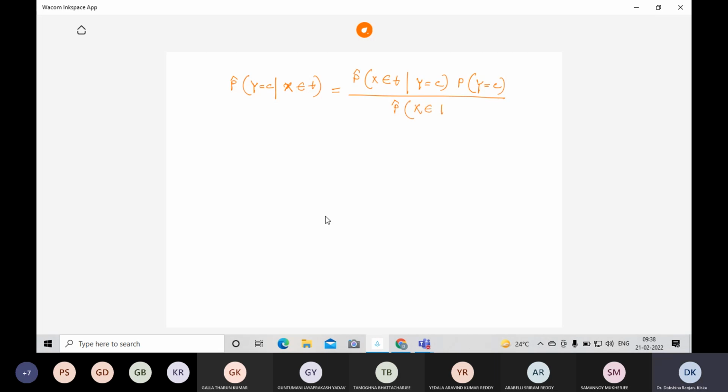Here the evidence is nothing but the probability of X belongs to T, which comes from the joint distribution of X belongs to T and Y equals C.